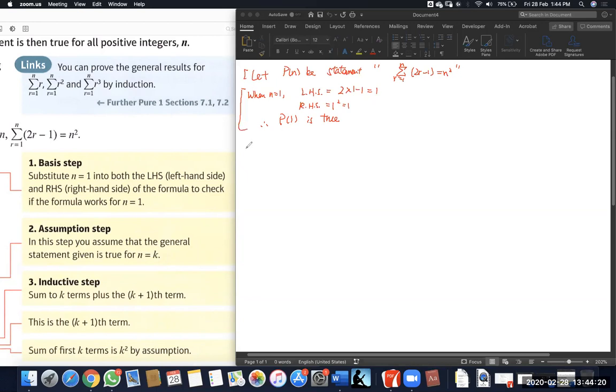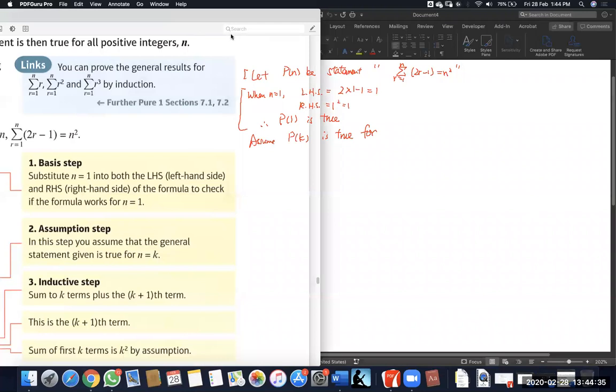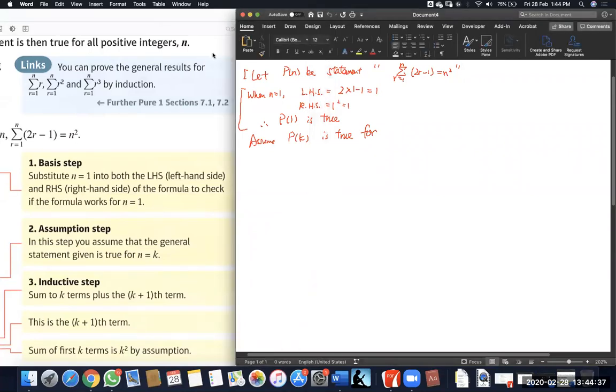Step 1, step 2, and then step 3, assume P(k) is true for, you don't write all. Here it says all positive integers, but you say it's for some positive integer k.